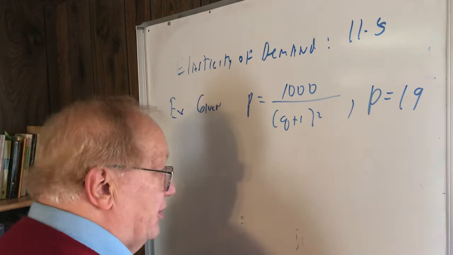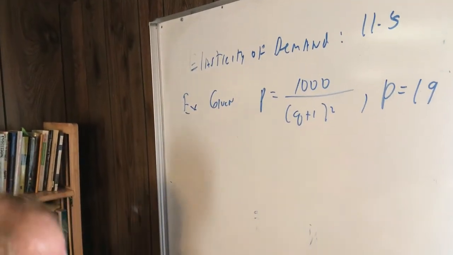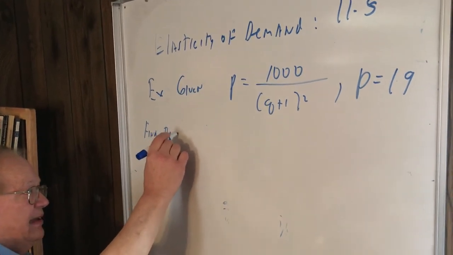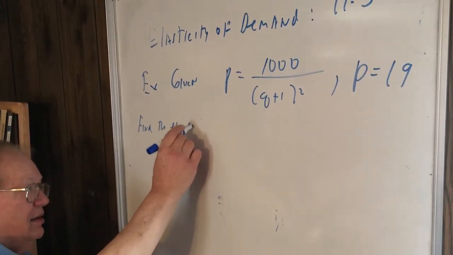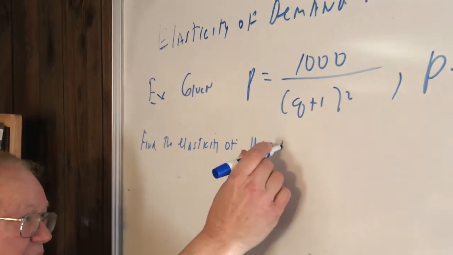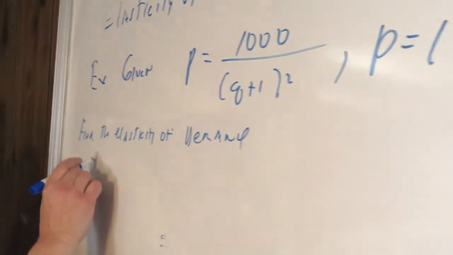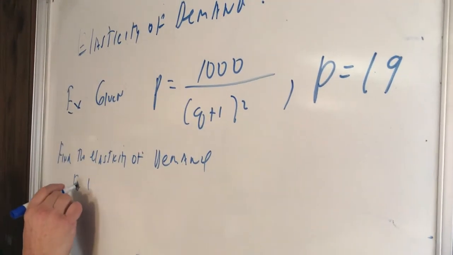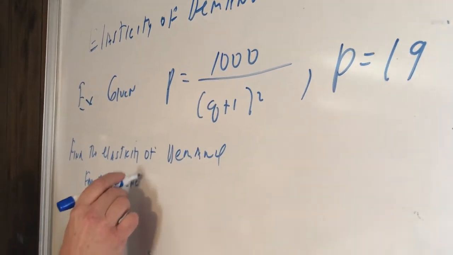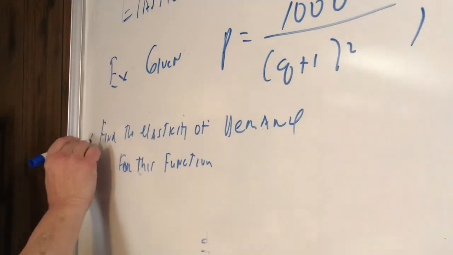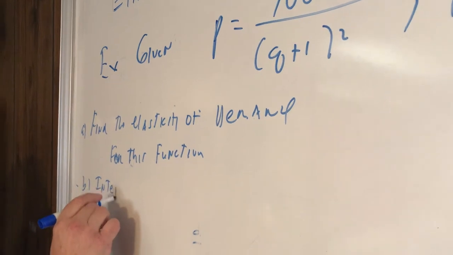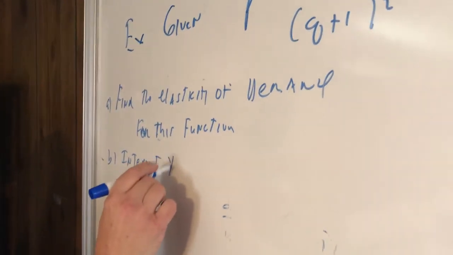P is the profit per unit. And A, find the elasticity of demand for this function. B, interpret your results.